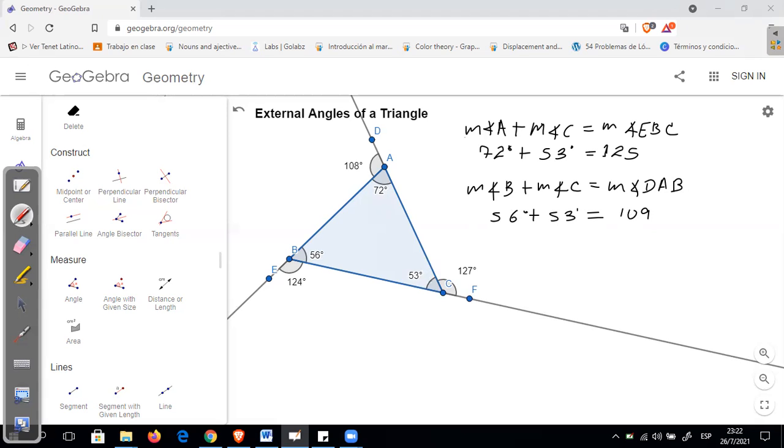If you can see again, we have an extra degree here, but remember again that we rounded these degrees. So it's true even if we have one decimal here. So we can say that it's true. We're going to write it.